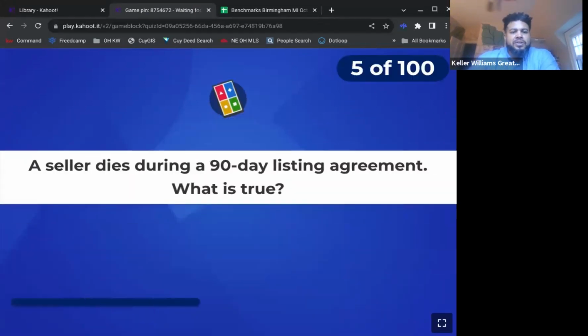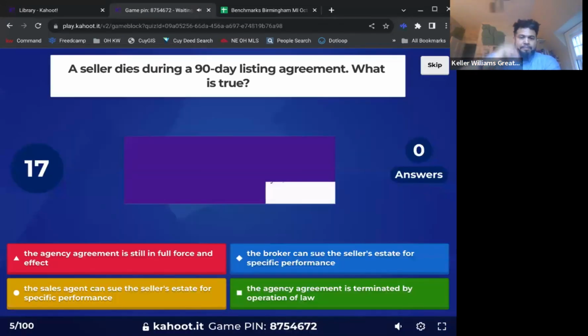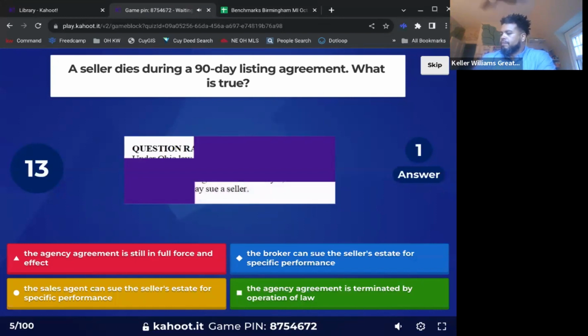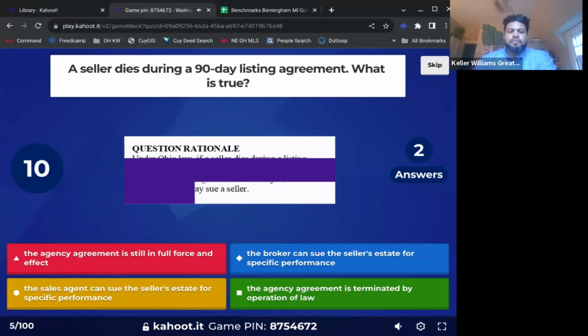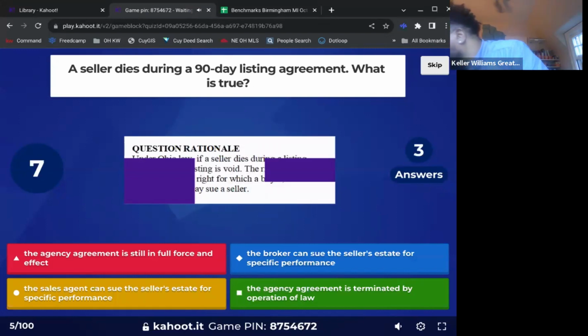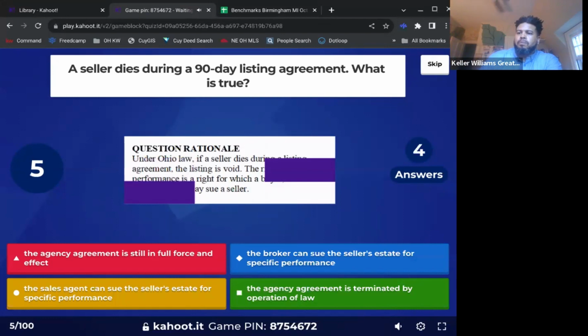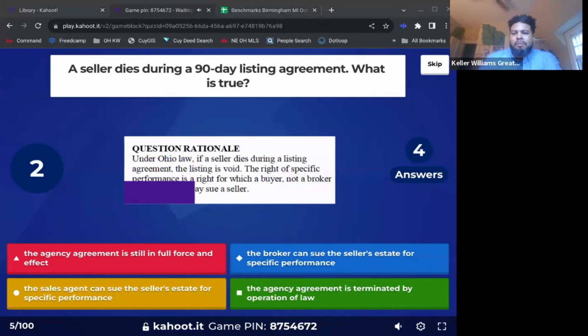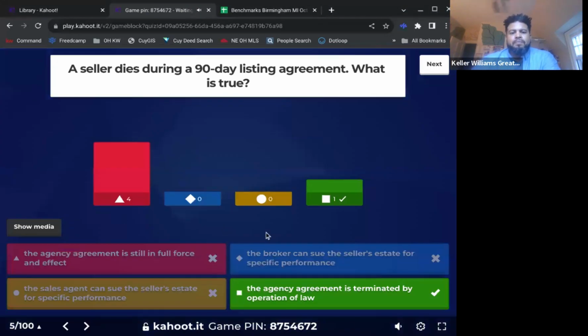A seller dies during a 90-day listing agreement. What is true? So this one got some people. If the seller dies, the agreement is terminated by operation of law.